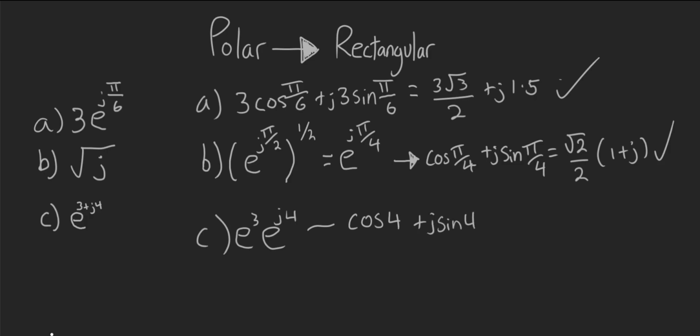And there's something I want to make clear here, and that's that we're working with 4 radians. Unless clearly specified, like 4 degrees, always assume that you're working in radians. That's important for your calculator. And this is equal to minus 0.654 for the real part, and the imaginary part is minus j 0.757.